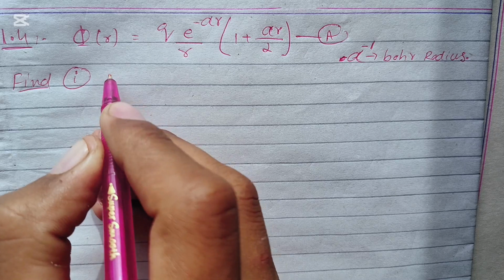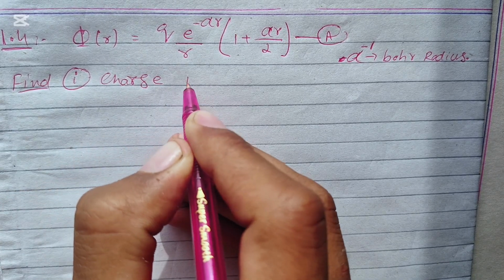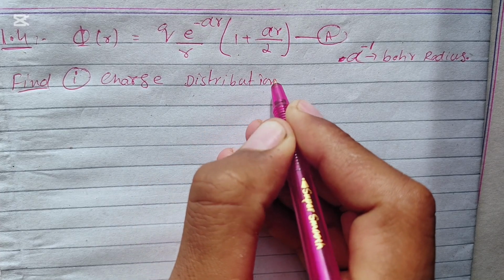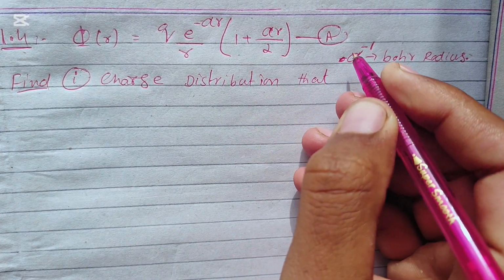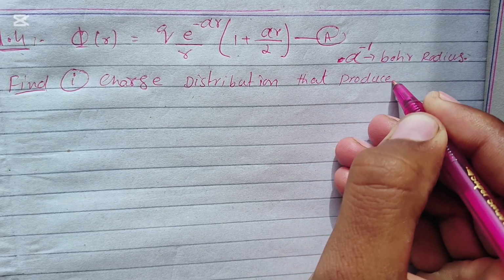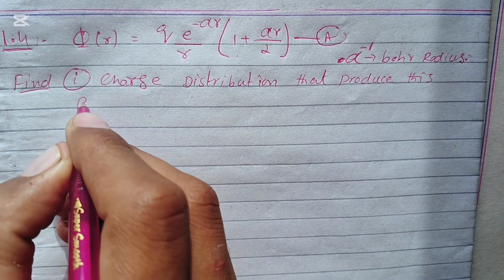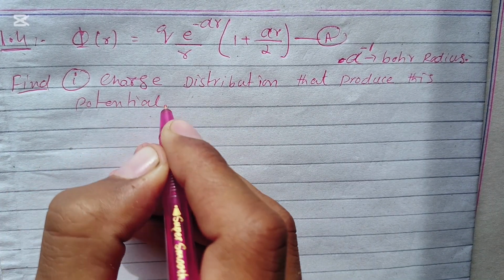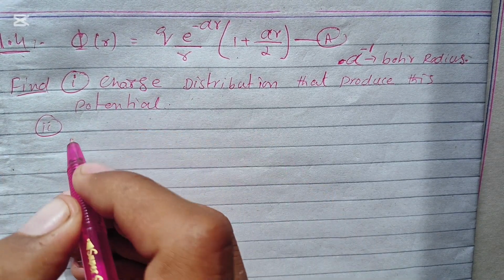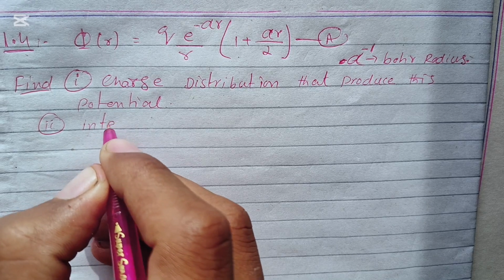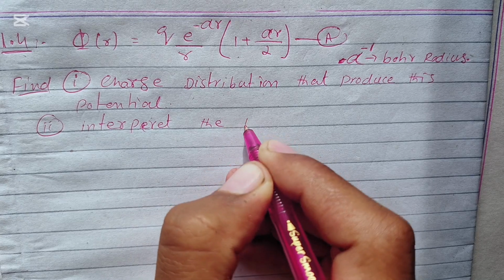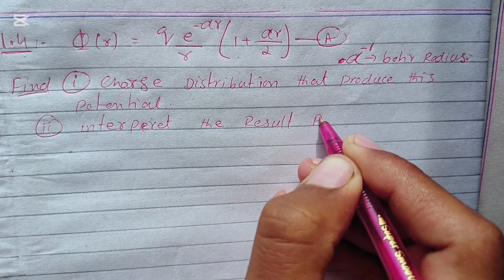First of all, we will find the charge distribution that produces this potential, and number second, interpret the result physically.